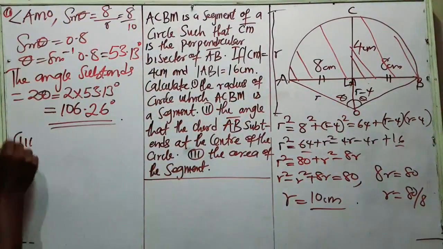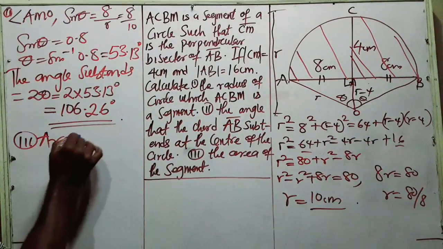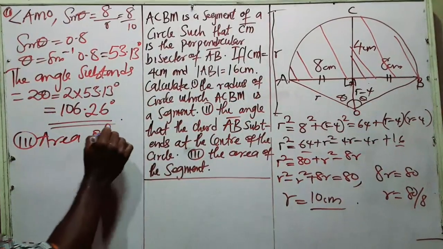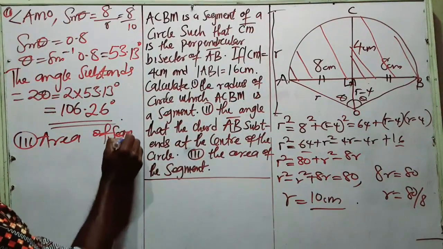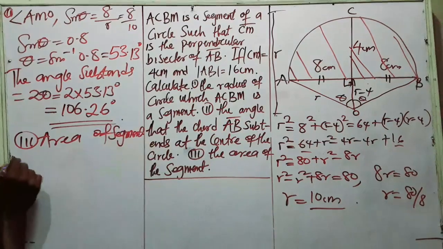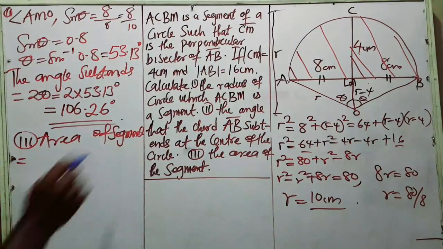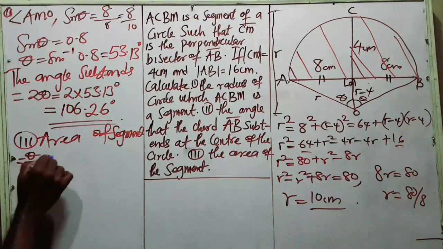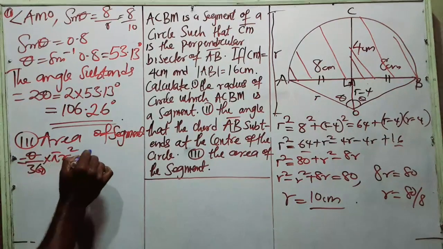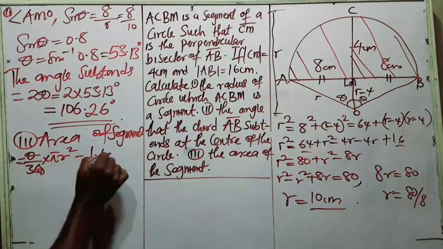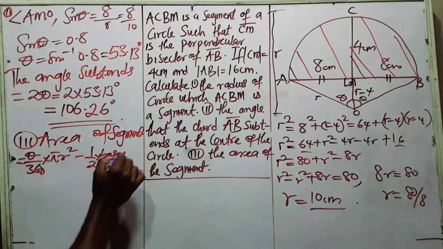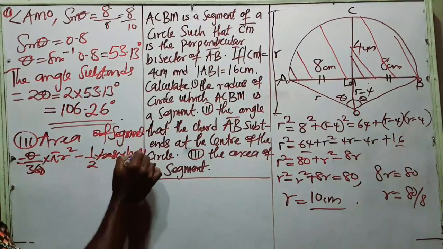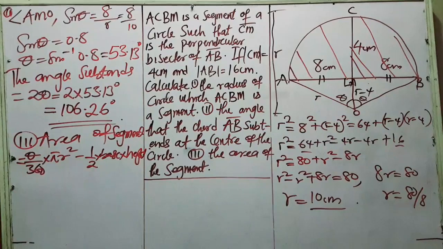So number 3, area of segment. The area of the segment is the area of the sector, theta over 360 times pi r squared, minus half base times height. So this is the formula to use.